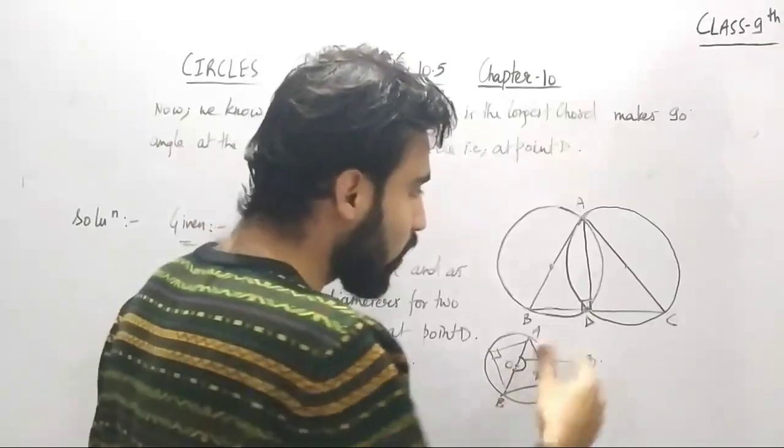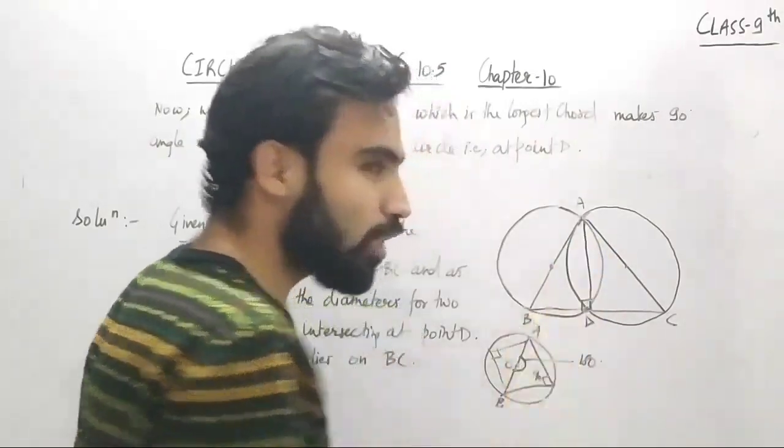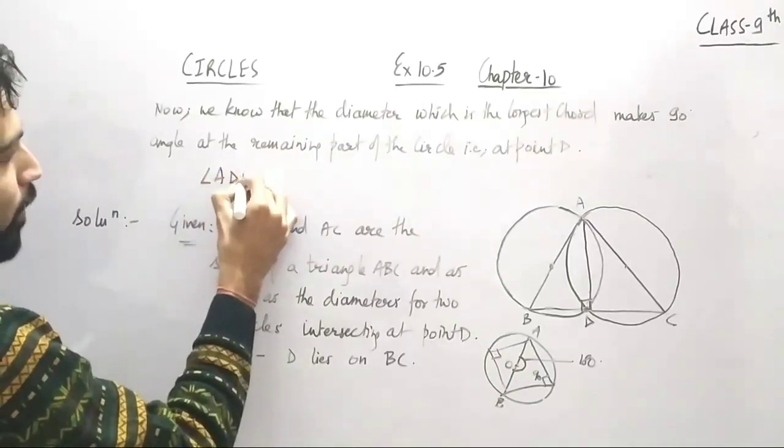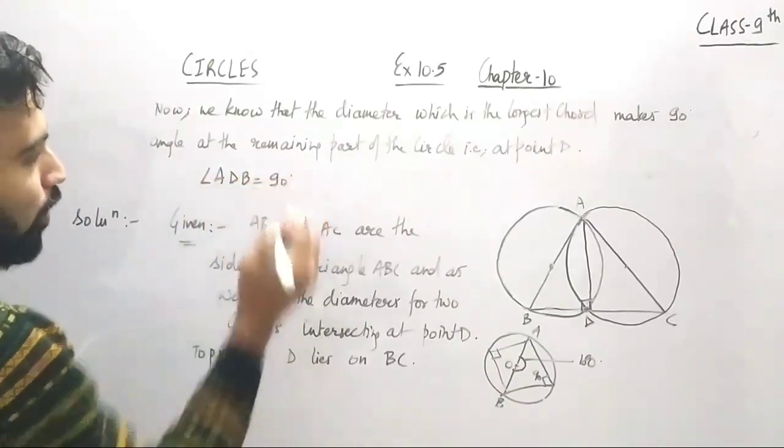So you can see here, this angle ADB will be 90 degrees. So let me just write that thing. So angle ADB is equal to 90 degrees.